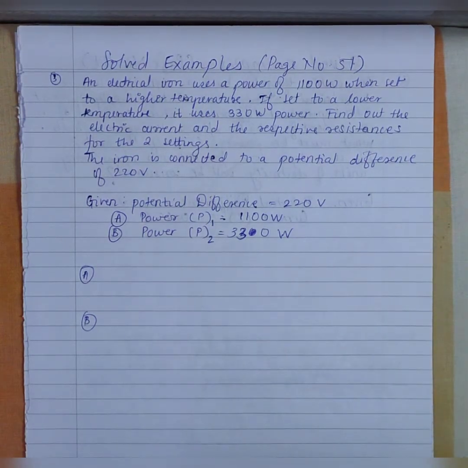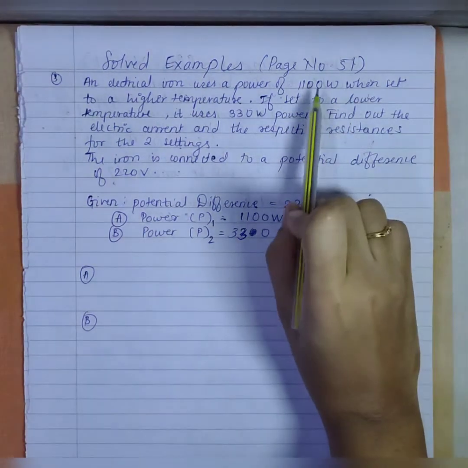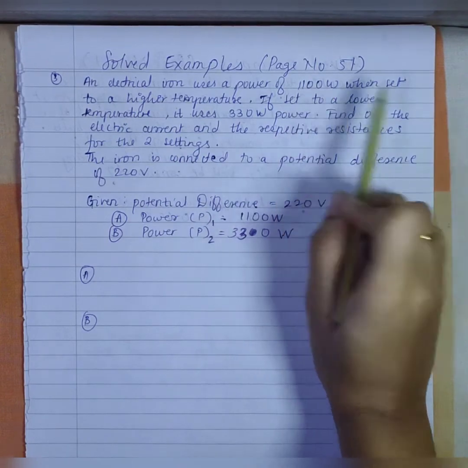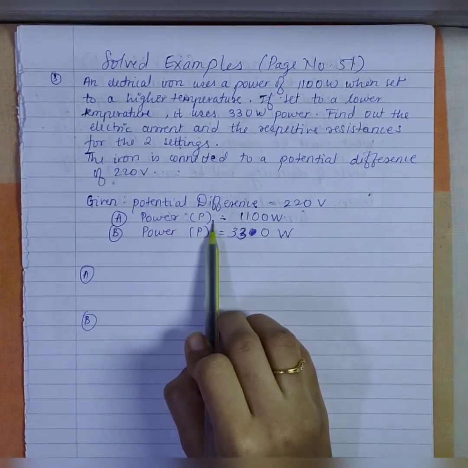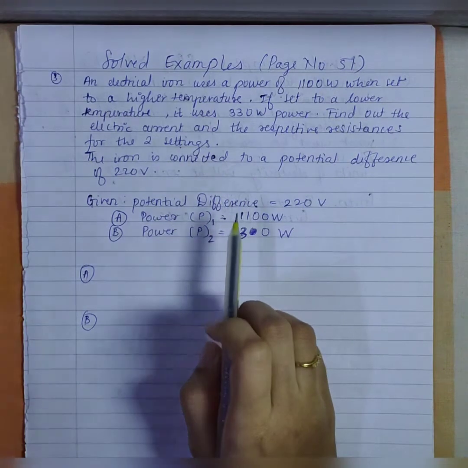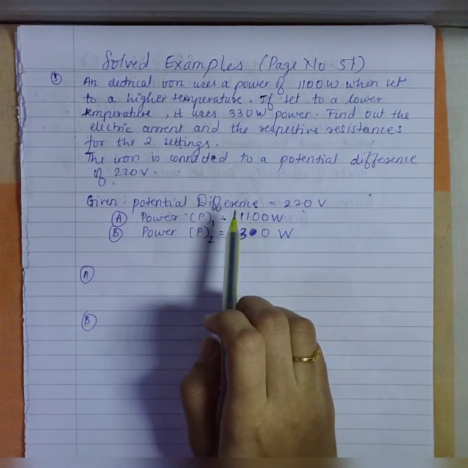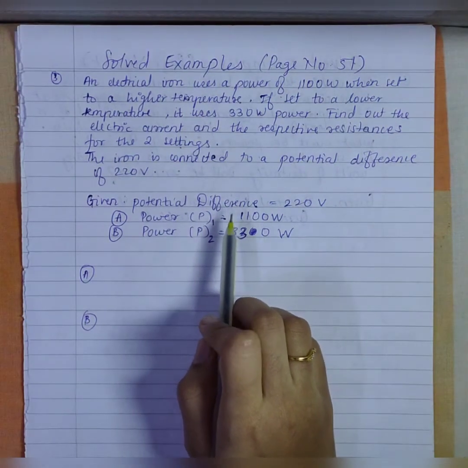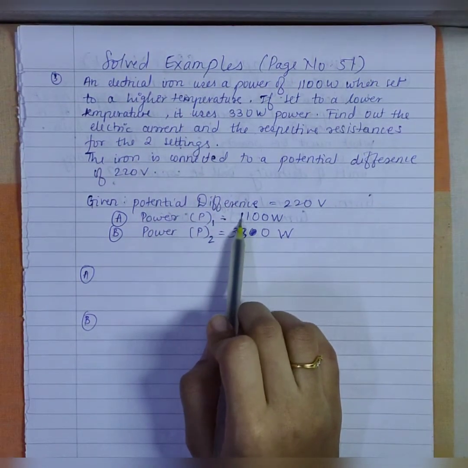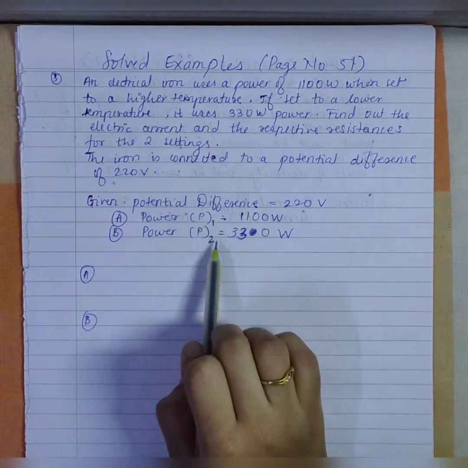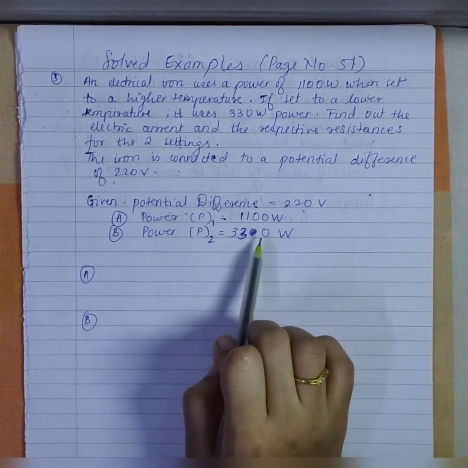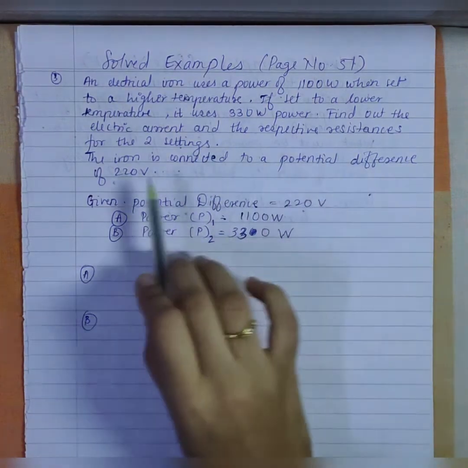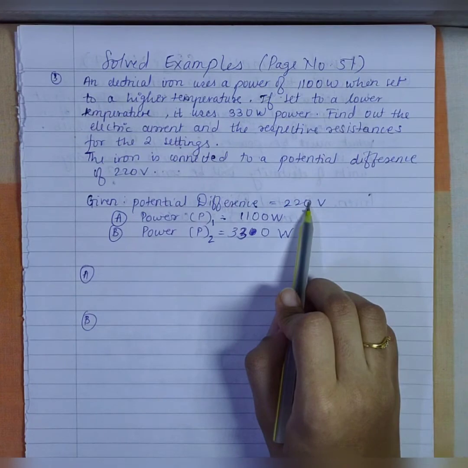Now when you set it to a higher temperature, the electrical iron here is using 1100 watt. So power for P1 case is 1100 watt and power for P2 case is 330 watt. Now the potential difference they have given, that is 220 volt, and that I have mentioned over here.